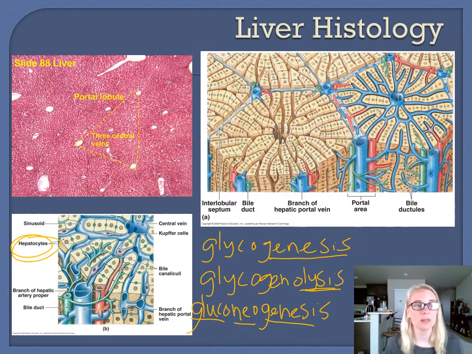So albumins, the complement proteins, some of our other clotting factors, those are all proteins that are made in the liver. So if you're going to be making a lot of proteins, you need a lot of amino acids. So it's going to harvest those amino acids out of the blood and start using them as the building blocks to make your body proteins.